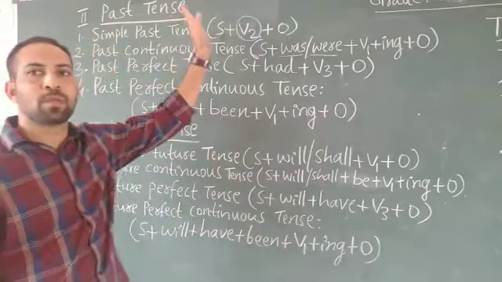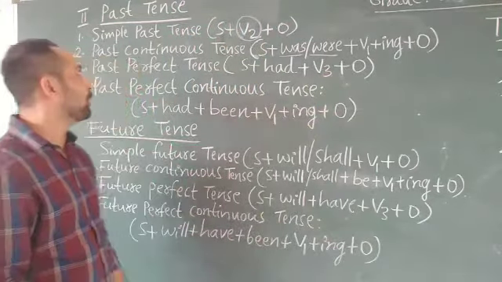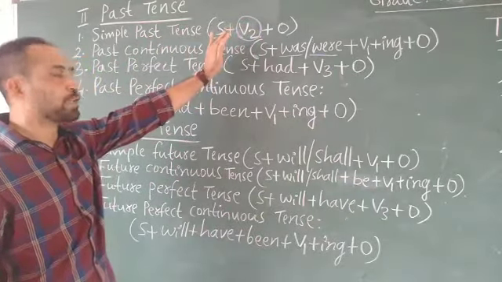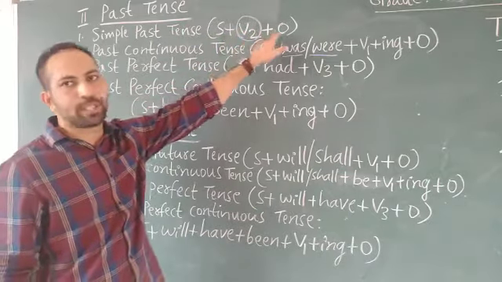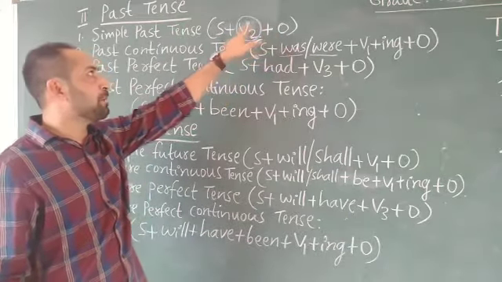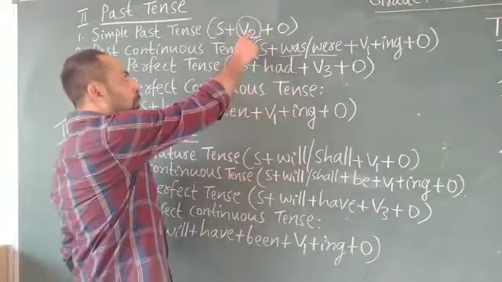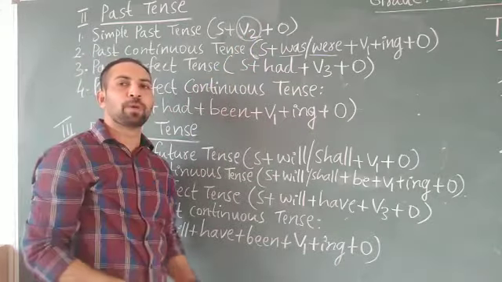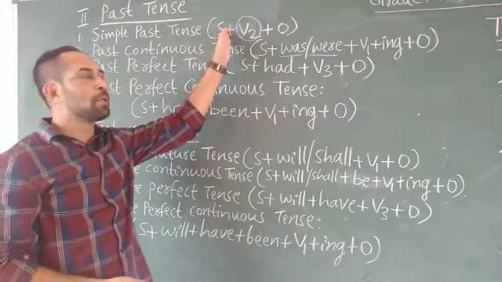Next, past tense. Past tense is classified into 4. First one, simple past tense. The rule of simple past tense is subject plus V2 plus object. In simple past tense, we always use the V2 form of the verb.